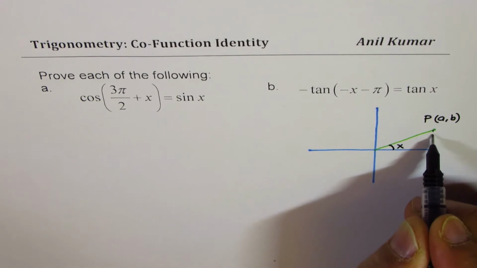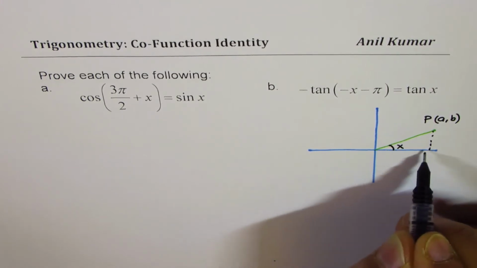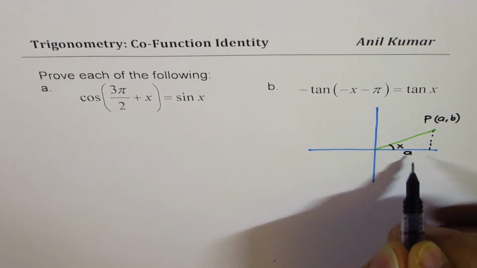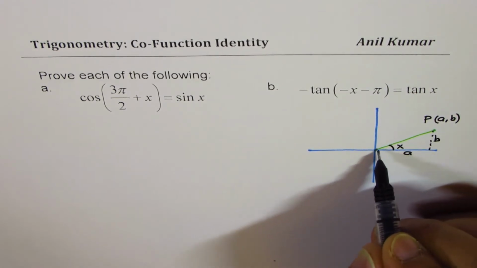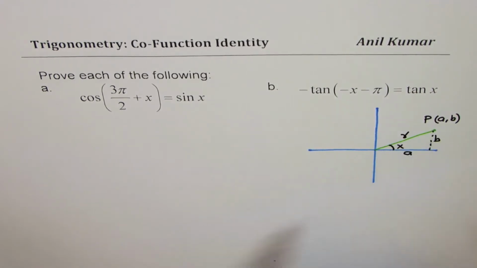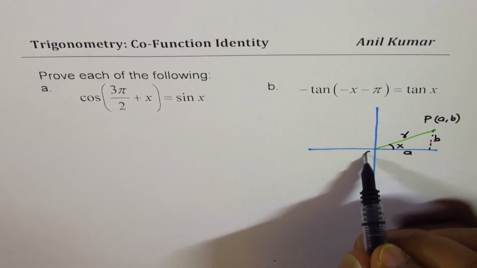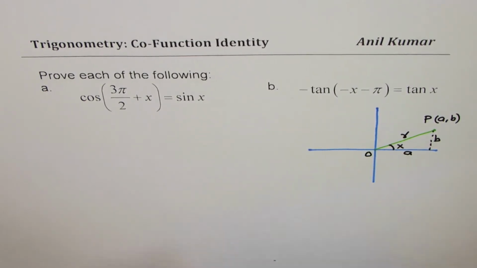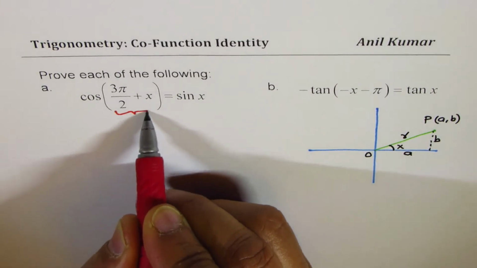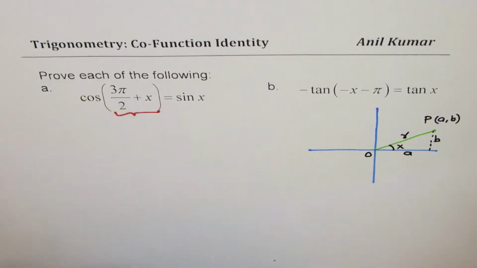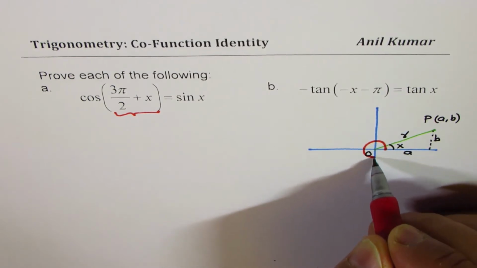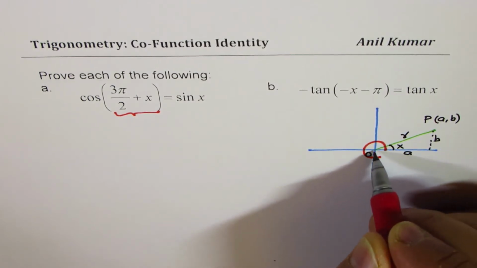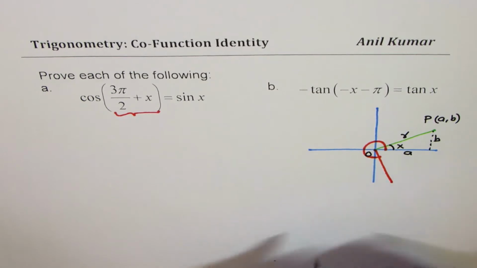In that case, what we know here is that the length along the x-axis is A, the length along the y-axis is B, and let R be the length of OP. We are going to consider the argument 3π/2 + x. That means the rotation here is 3π/2 and then plus x. It's kind of like this.